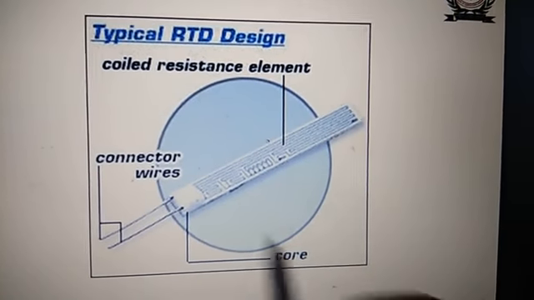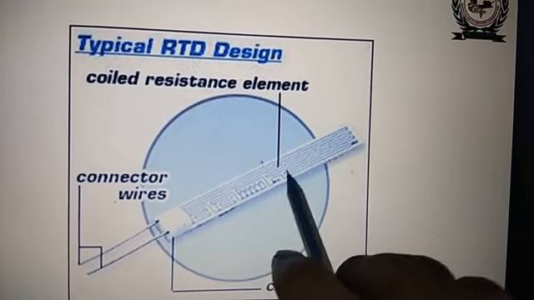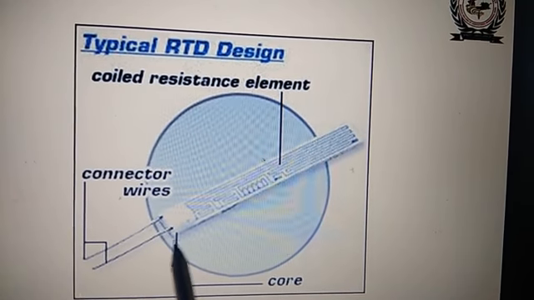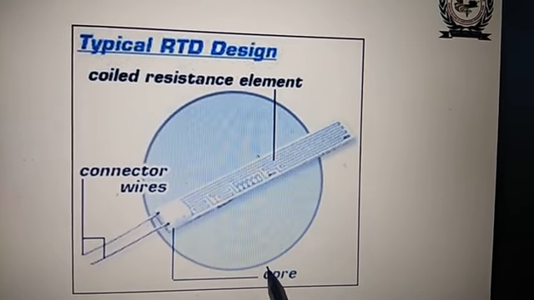Here you can see a coiled resistance element is used, and these are the connector wires, and this is the core.